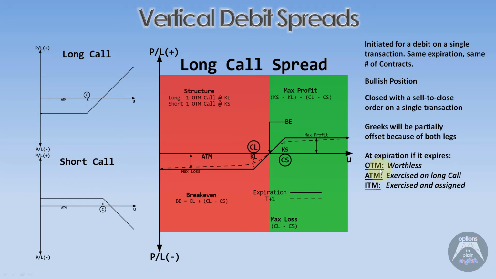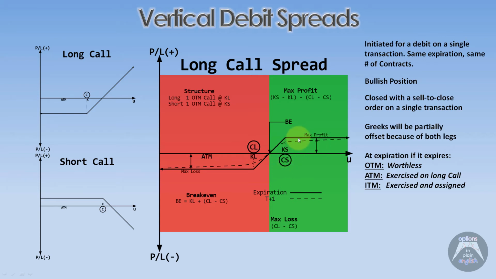Okay. Now, if it expires fully in the money, it's a different thing, because if it expires fully in the money, meaning the price is over here, both legs are in the money, then you're going to be exercised on your long call, but you're going to be assigned on your short call. And at that point, you're going to be buying at this price and then selling the same thing at this price. You're just going to materialize the difference between strikes as a max value. So once you subtract the initial investment, you're going to have the max profit.